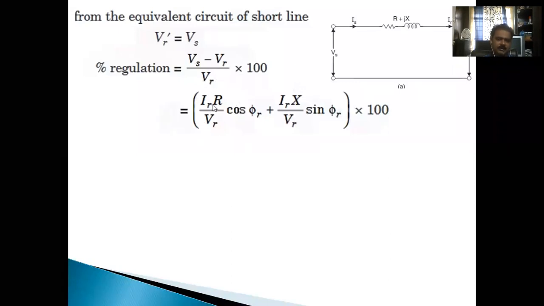So you finally will get IR into R by VR cos phi R plus IR into X by VR into sin phi R, into 100. This is the expression for percentage regulation of a short transmission line.